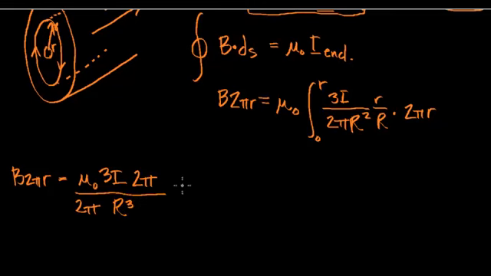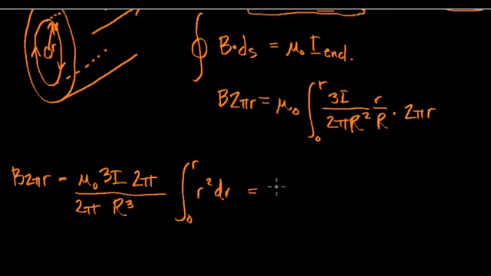And that's it. So now we get the integral from 0 to r of r squared dr left. And that's easy to solve, right? That's r to the third over 3.